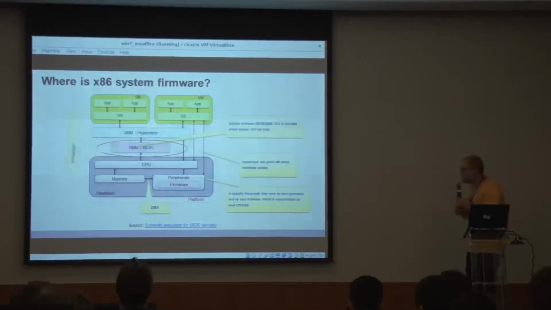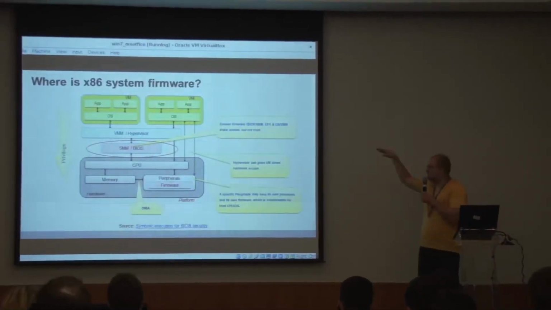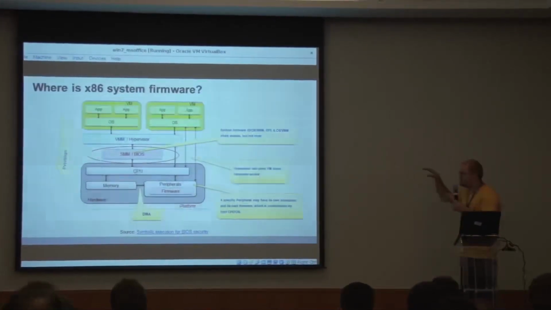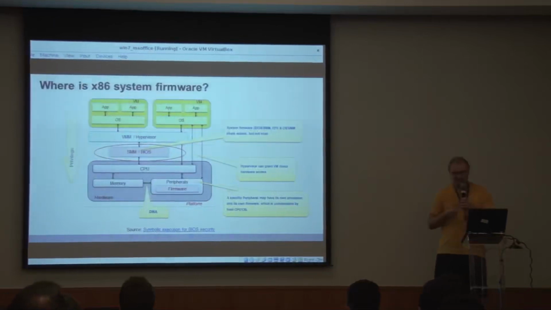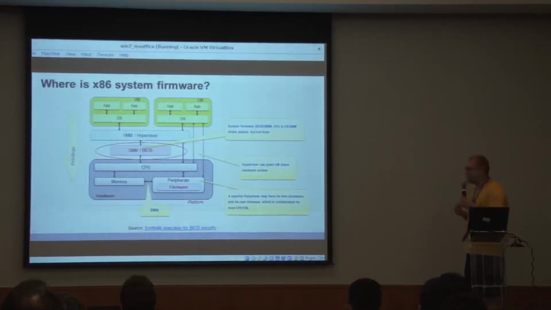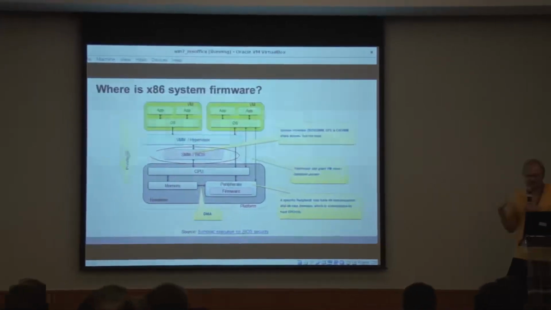So x86. In a typical system, we have user mode, we have kernel, then there is a hypervisor. The important point is that in x86 the hypervisor is a context switch technology, meaning that the hypervisor also has its own privilege level.